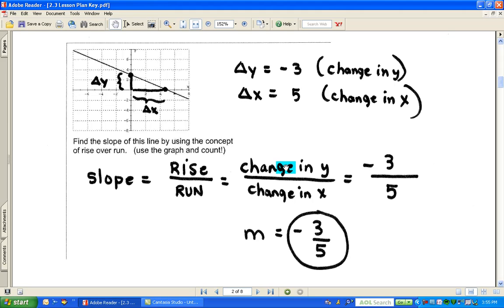It's the way an elevator goes. And the run is the change in x, so that's basically from left to right. When I write this triangle in front of the y, that means change in y. And when I write the triangle in x, that means change in x. So slope is really the change in y divided by the change in x.